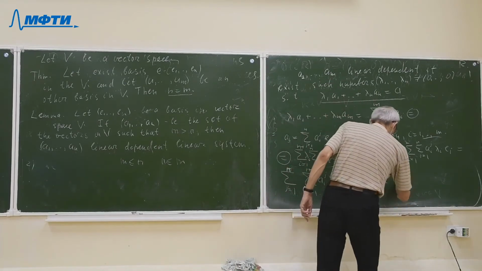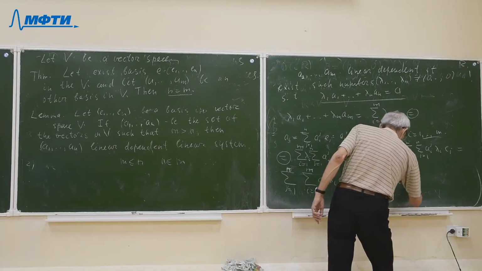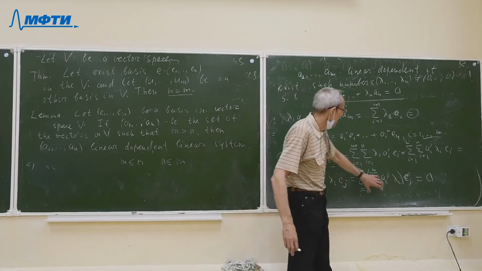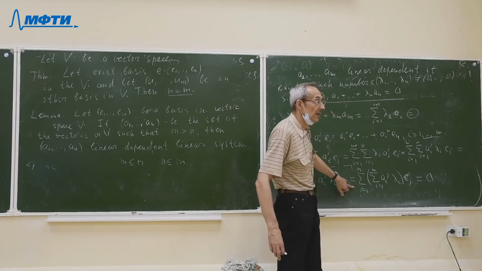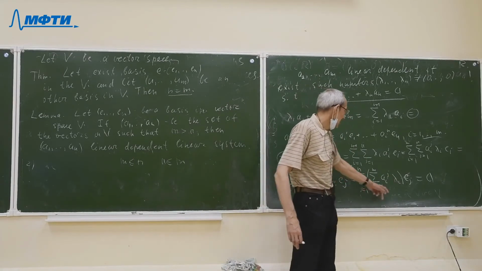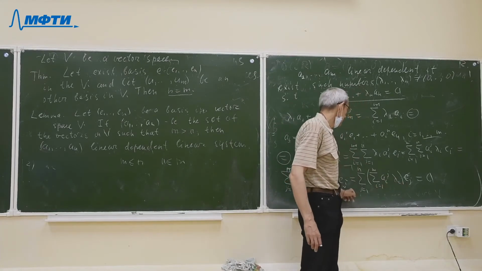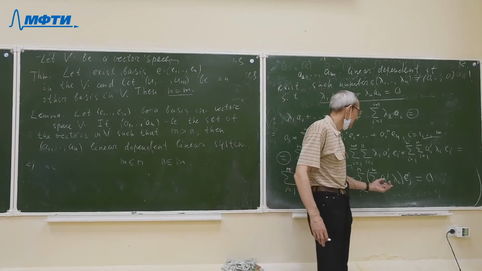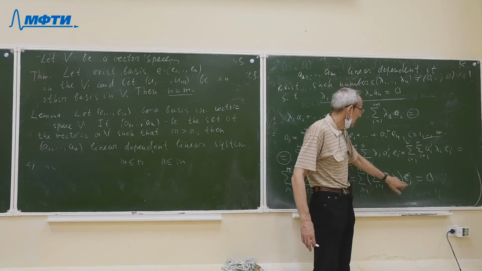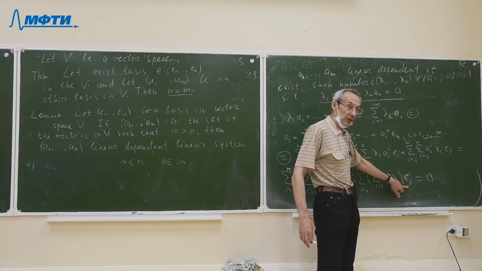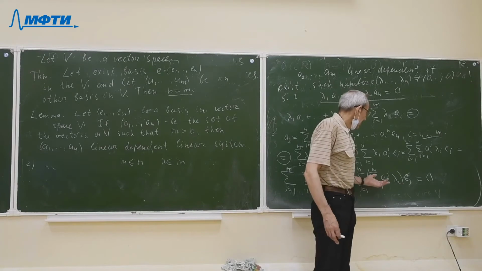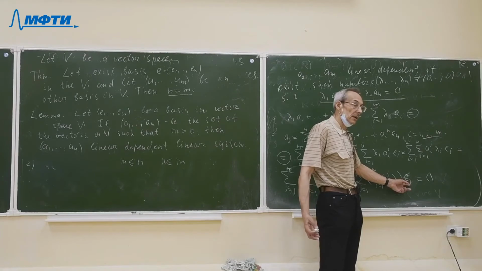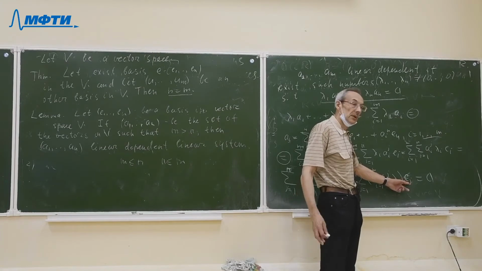In the following form, I obtain the sum of n vectors, and each of these vectors is the product of some numbers and the basis vectors Ej. The vectors Ej form the basis, and these vectors are linearly independent.